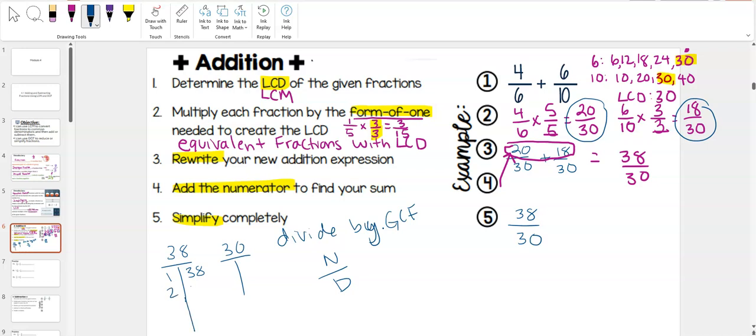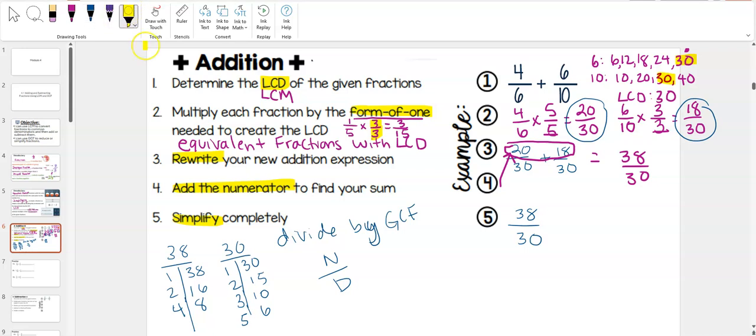So let's see. 1 and 38, 2 and 19, 3 does not go in. 4, no, 5, no, 6, no, 7, no. Okay, 1, 30, 2, 15, 3, 10, 4, no. 5, yes, 6, oh, and there's 6 again.